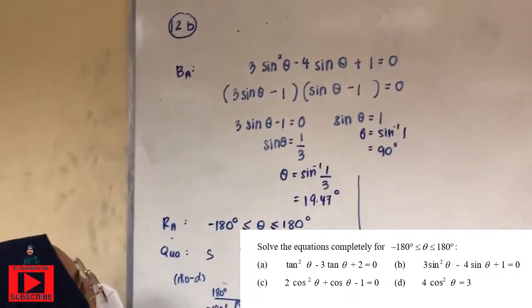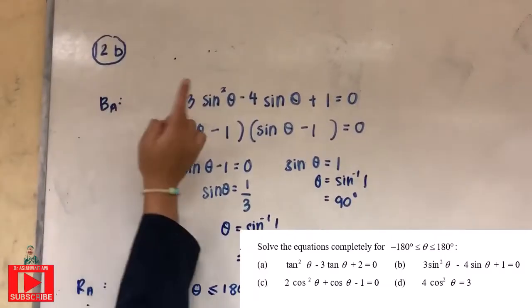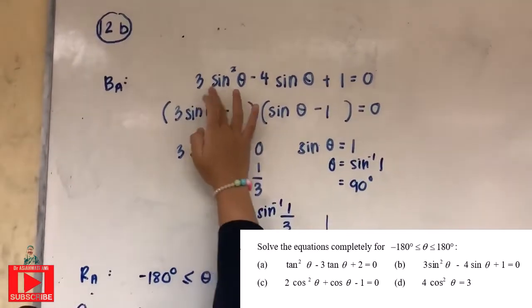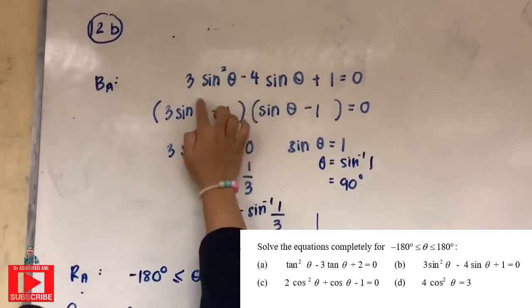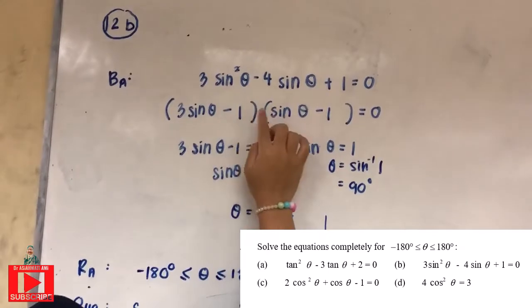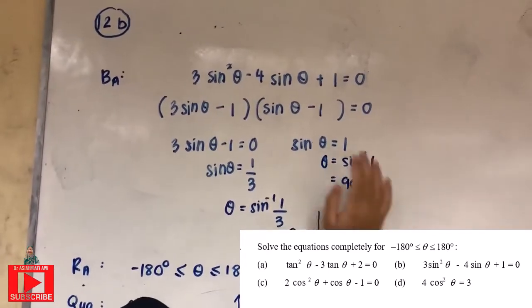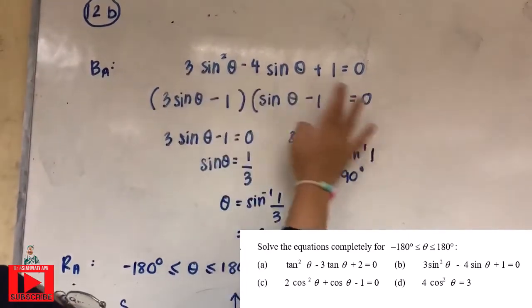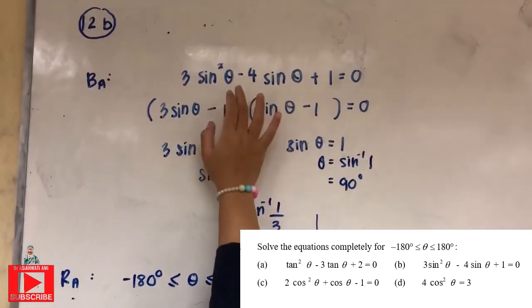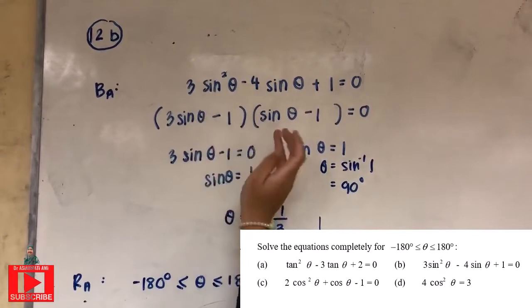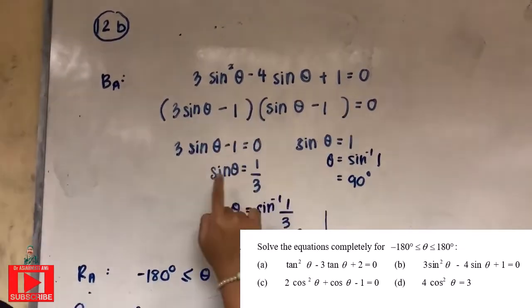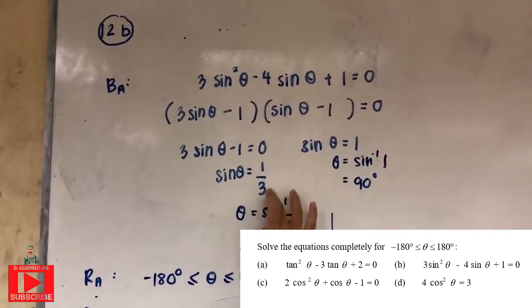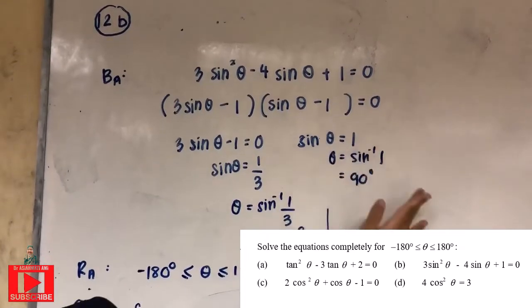Okay, for tutorial question 12B, the given trigonometric equation is 3 sin square theta minus 4 sin theta plus 1 equals to 0. As you can see, this is just like a quadratic. So we factorize, and we get sin theta equals to 1 over 3 and sin theta equals to 1.